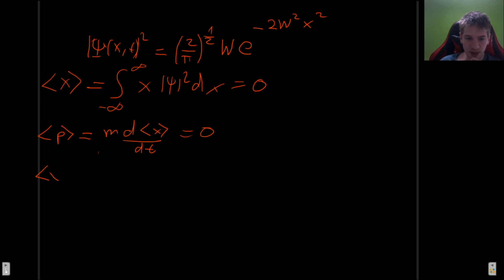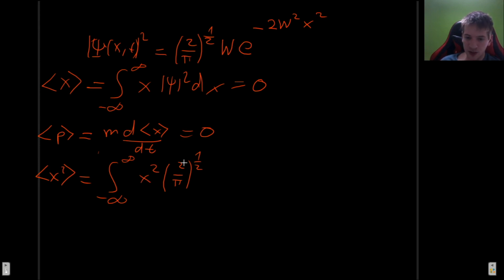Let us now take a look at the expectation value of x squared. So it's going to be the integral from minus infinity of x squared times, right here, 2 divided by pi, to the 1/2 power. That's why I calculated this before doing these integrals, because the integrals themselves are going to be messy. So it is good to have found this quantity before.